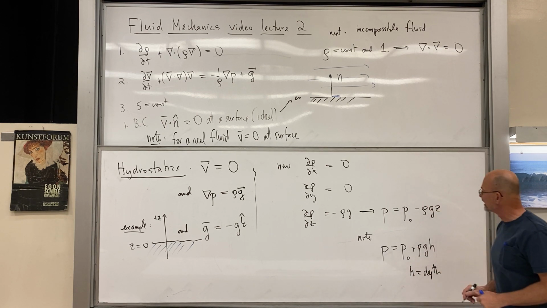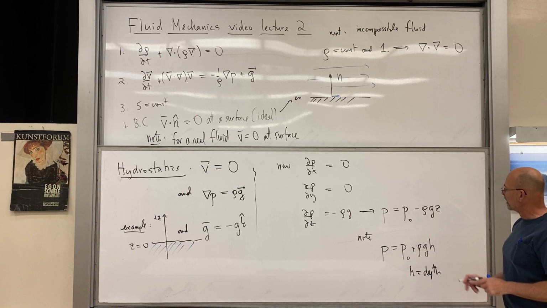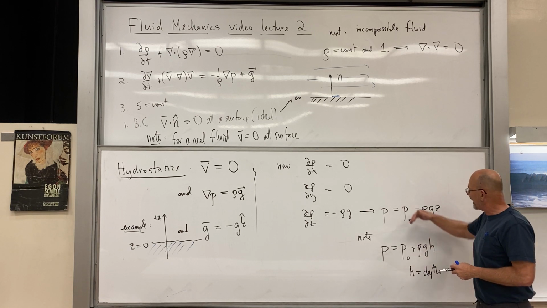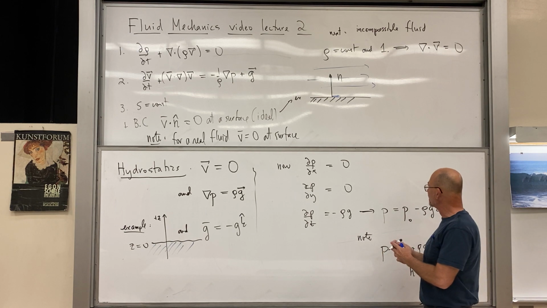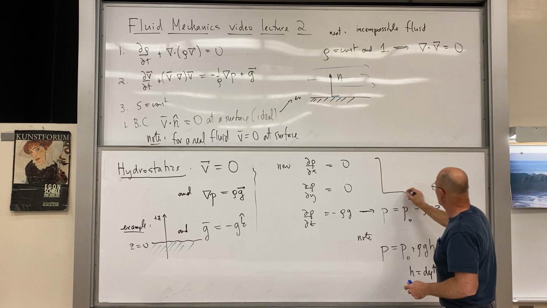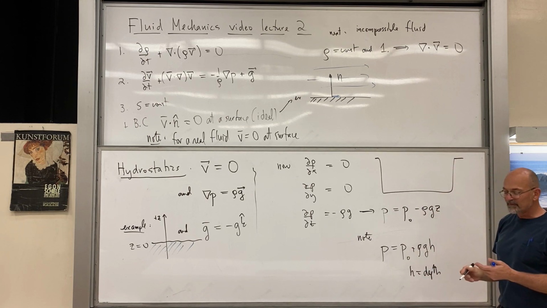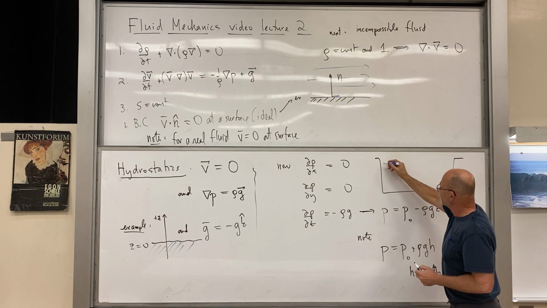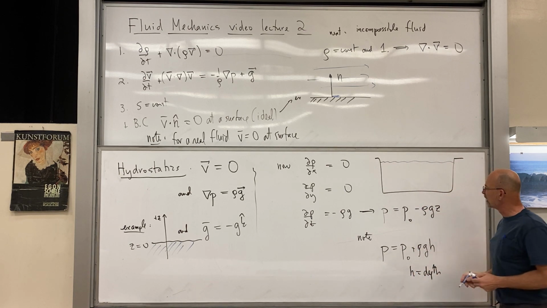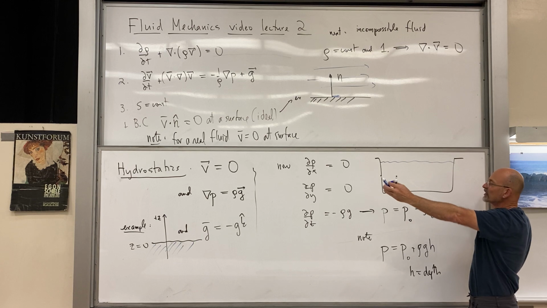But yeah, they're identical, and what is interesting is the pressure only depends on the depth and doesn't depend at all on the volume of your vessel or the width of your vessel. So here, let's imagine we have a vessel, we have water in it. This thing could be 10 times as wide.